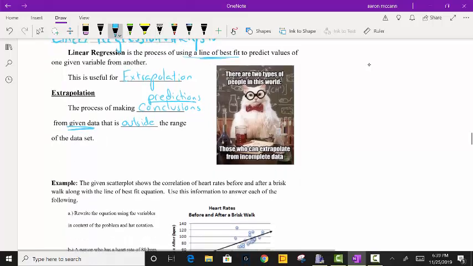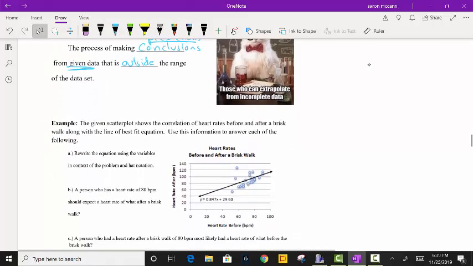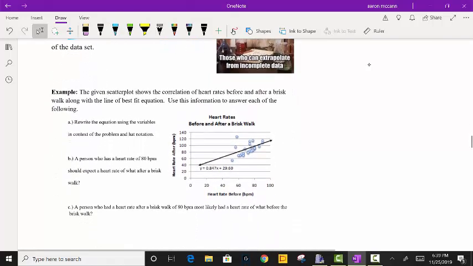For example here, the given scatter plot shows the correlation of heart rates before and after a brisk walk, along with the line of best fit equation. The line of best fit is what we're talking about when we're talking about a linear regression analysis. The linear regression is just the process of finding the line of best fit to represent this data.